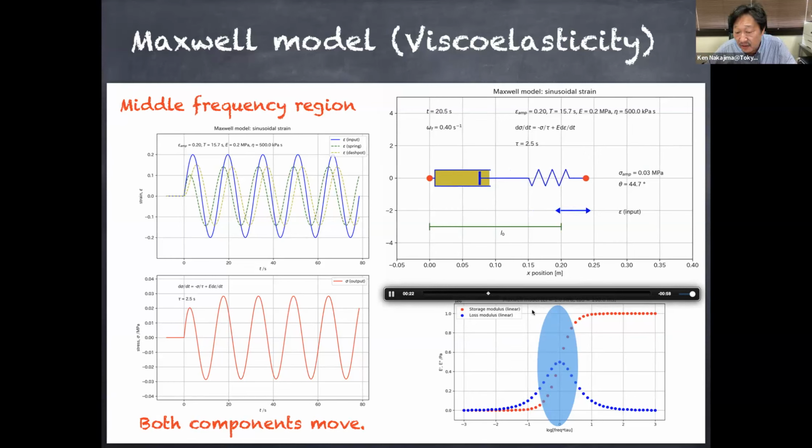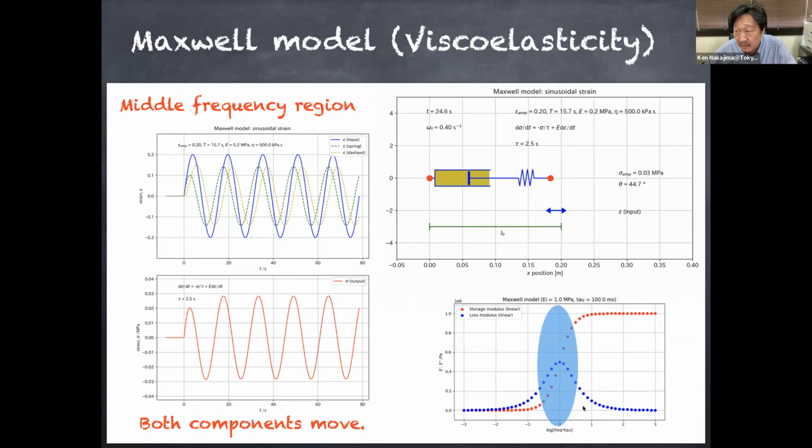So only in this middle frequency range is the energy dissipated inside the material. The friction between the polymer chains is enhanced, and it generates heat. That's the reason why a non-bouncing ball doesn't bounce. Okay.